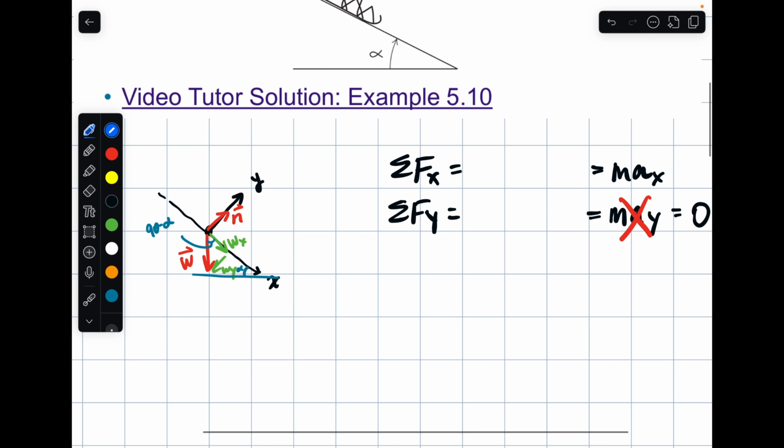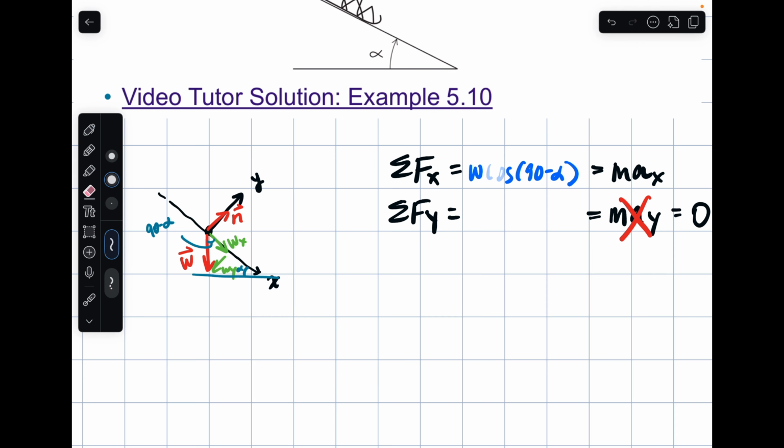So when we write the x component, we're going to have a positive w, and it's going to be cosine of 90 minus alpha, which ends up being sine, right? So I'm going to rewrite it as weight sine alpha.